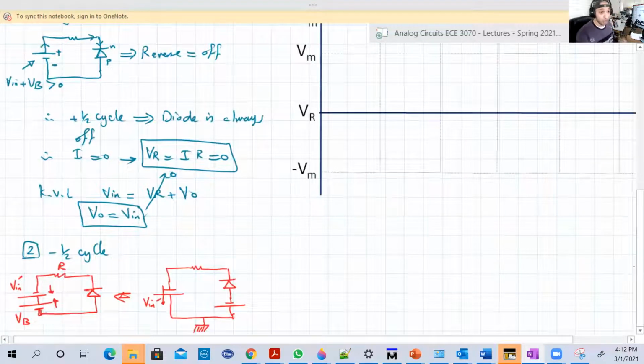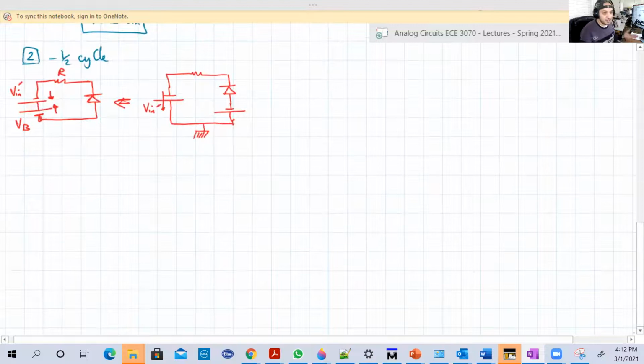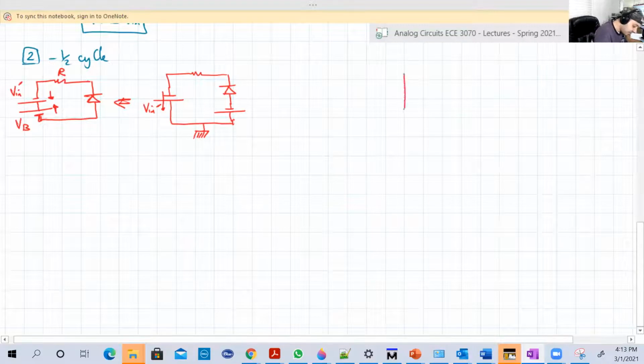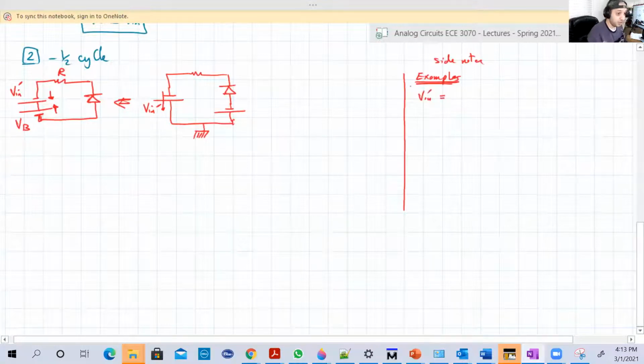Now we have two batteries opposite to each other. Now I'm gonna give you examples, as side notes, to see if they are forward or reverse. Let's assume that Vn dash is 1 and Vb is 2.